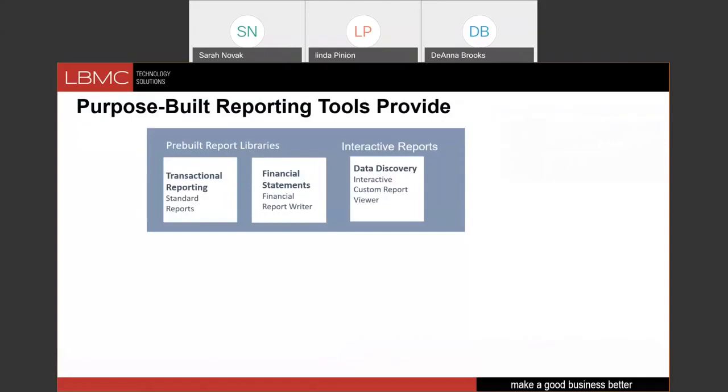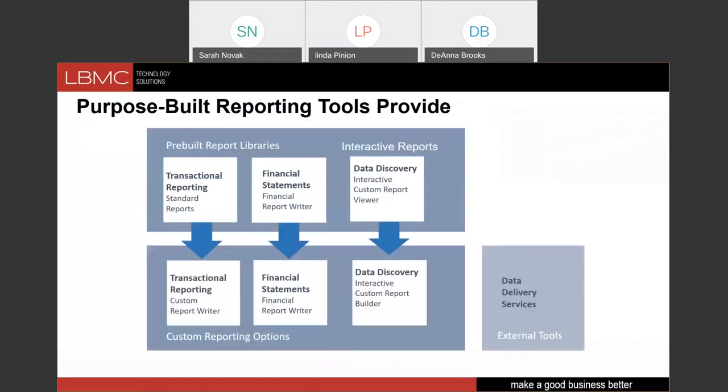One of the things that I would tell you is Sage Intacct has lots of ways to get at the data. You know that you have a financial report writer and you have a custom report writer and you have standard reports that are already created for you, both across the subsystems and the financial area.